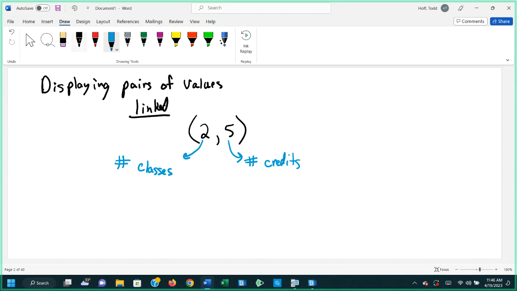So because that order is important, this is what we call an ordered pair. And they are linked. I mean, the number of classes goes with the number of credits you're taking. This is the same student representing two different values about the same student.